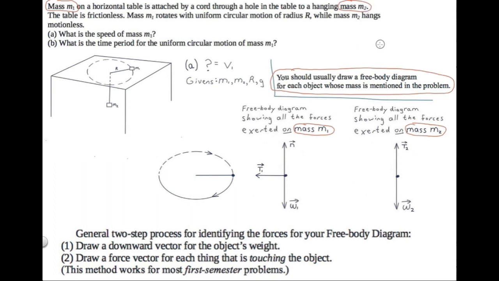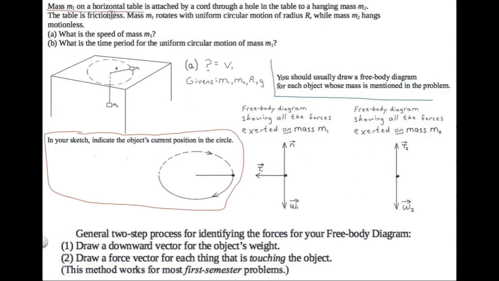That means we need two free body diagrams. One diagram showing all the forces exerted on mass m1, and a separate free body diagram showing all the forces exerted on mass m2.